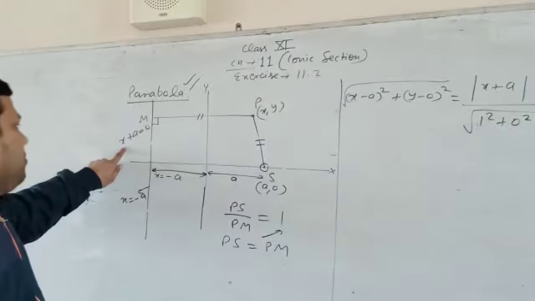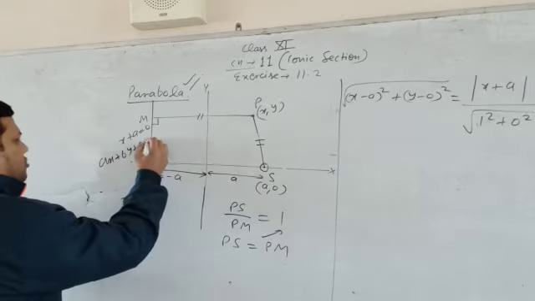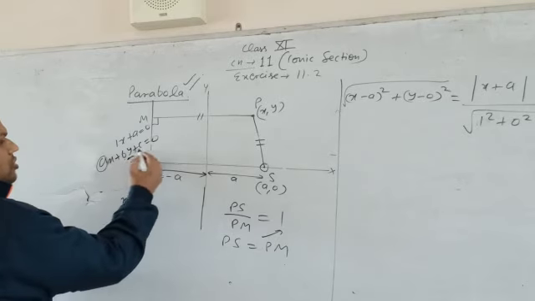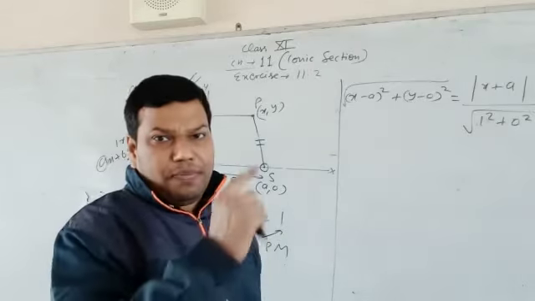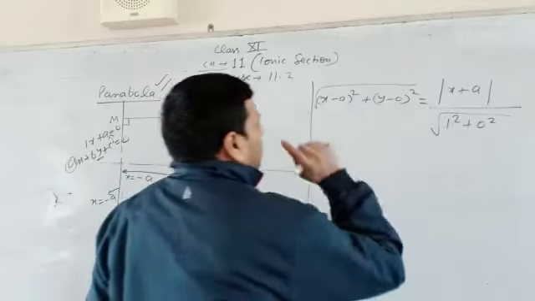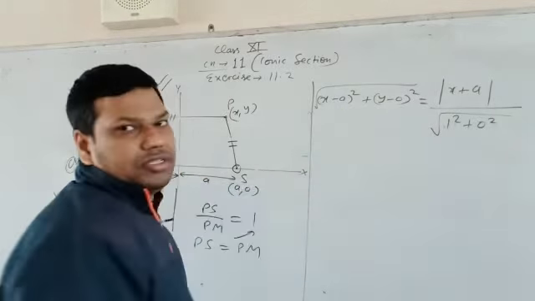Comparing with ax plus by plus c equals 0, here a is 1, b is 0 because y is not there, and c is a. And this is the distance formula between two points.